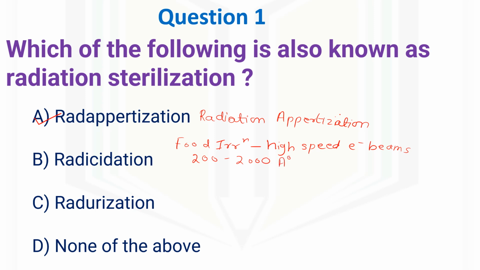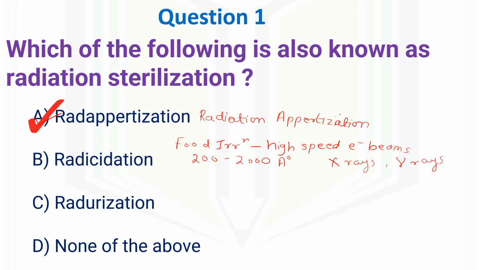Examples of these can be X-rays and gamma rays, and these have sufficient energy to break the chemical bonds and ionize the molecule, and thus they will kill or change the structure of the cellular membrane inside a microbial structure. That's why they inhibit their growth.